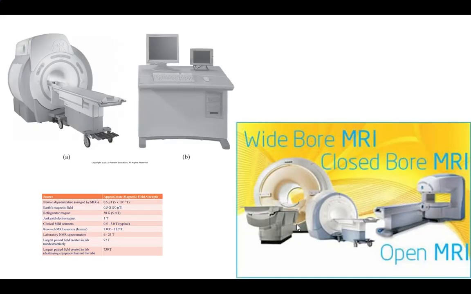Anyway, here's an MRI machine. They are a little bit bigger. If you're looking at an MRI versus a CT scanner, CT scanners are smaller. That's probably your biggest single indicator.